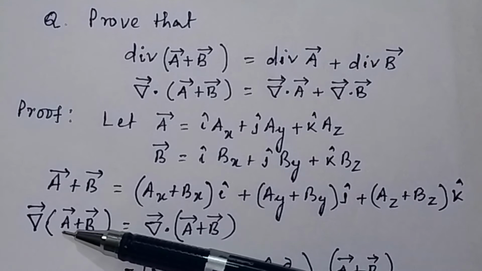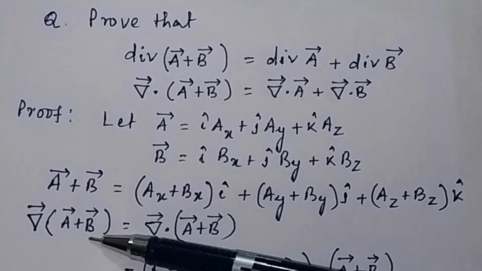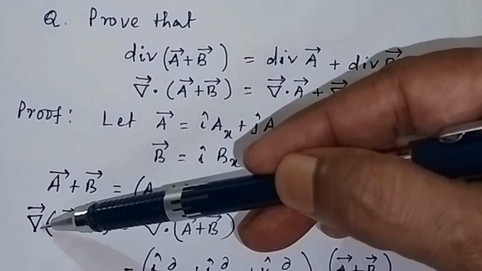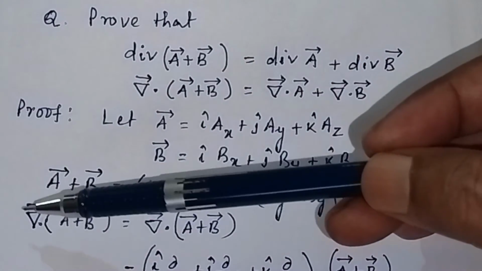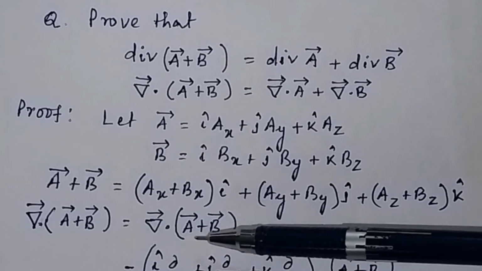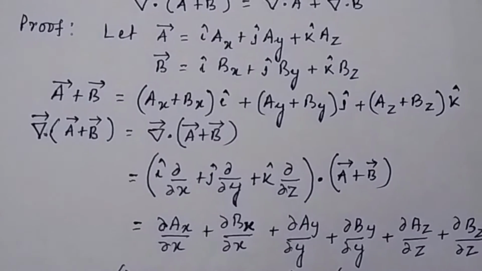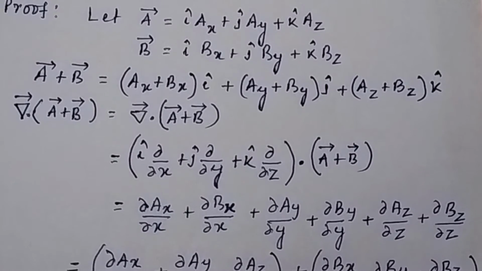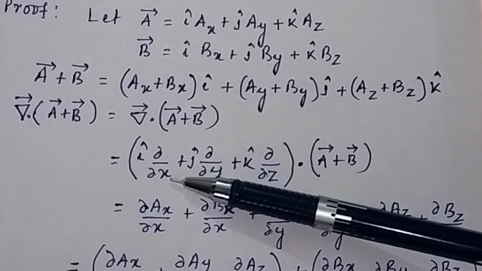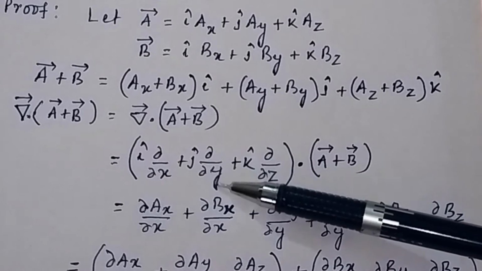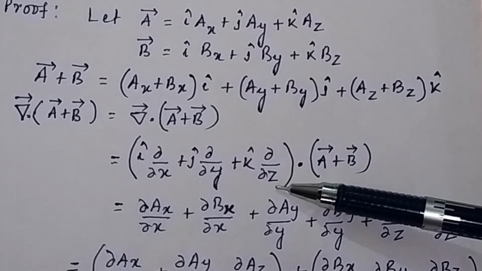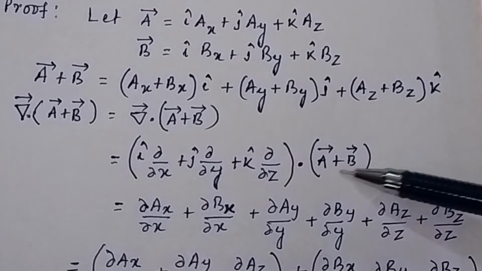So the divergence of a plus b, which is called the dot product of del dot (a plus b), is equal to, you can write the del operator as i cap partial derivative with respect to x plus j cap partial derivative with respect to y plus k cap partial derivative with respect to z, dotted with a plus b.